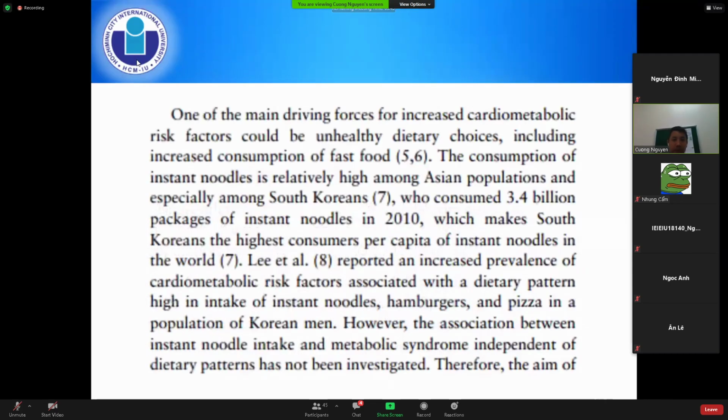Now, one of the main driving forces for increased cardiometabolic risk factors could be unhealthy dietary choices. So this one is, of course, number 2. And how does it link to the previous one?